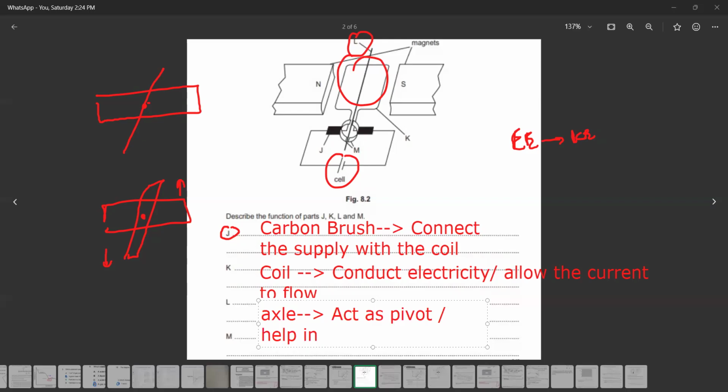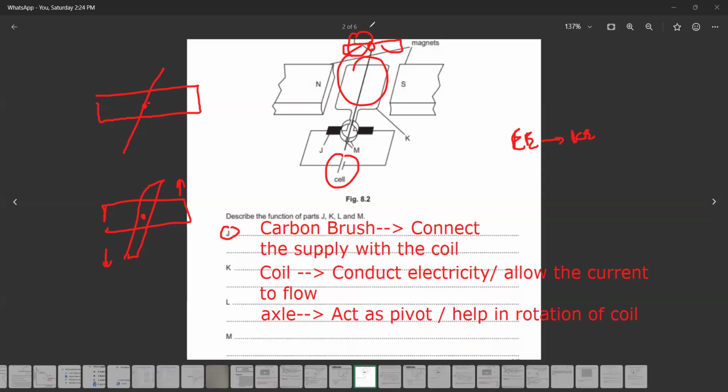To rotate the coil, or to rotate any other device which is connected to it. We can connect anything, for example, if I connect a fan here, then the axle will rotate and the fan will also rotate. So I can also mention that as a use.